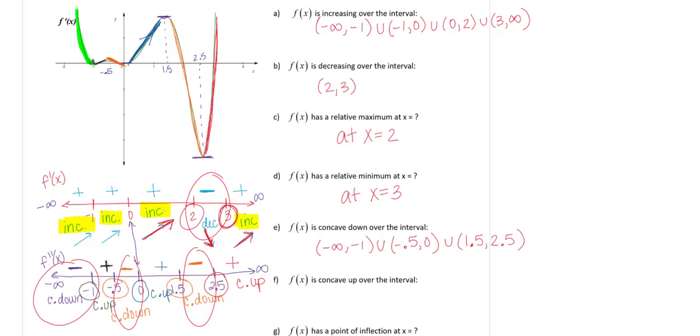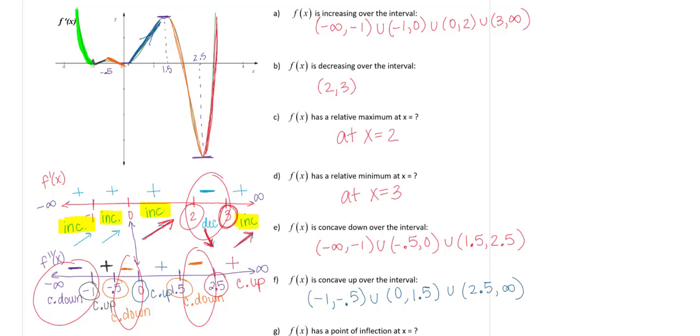And concave up the others, so negative 1 to negative 1/2, and 0 to 1.5, and 2.5 to infinity.